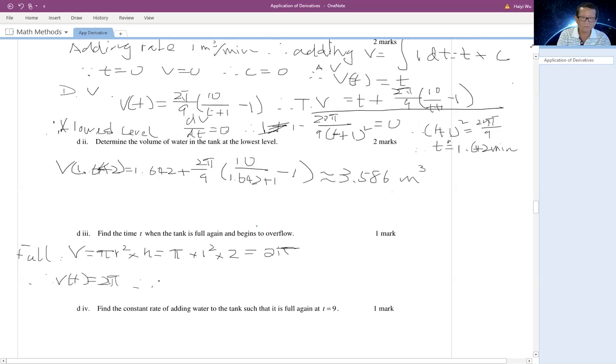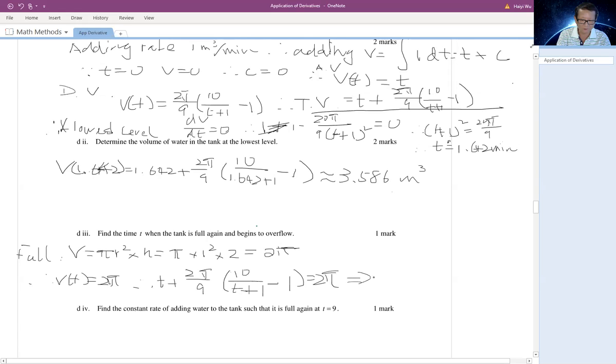So our volume formula was t plus 2 pi divided by 9, 10 divided by t plus 1 minus 1, equal to 2 pi. So let's solve for the time. This is the equation we have to solve. Obviously, we need to use the common denominator and simplify.